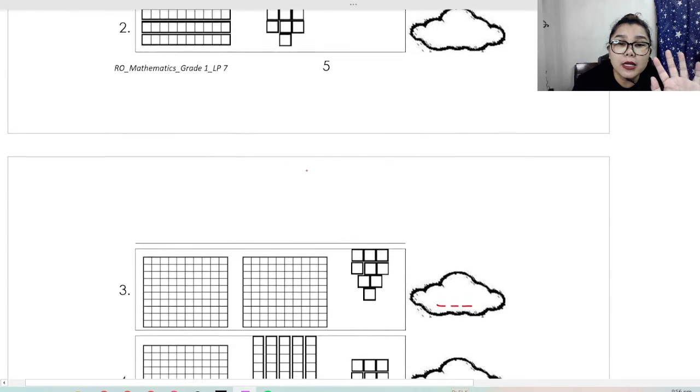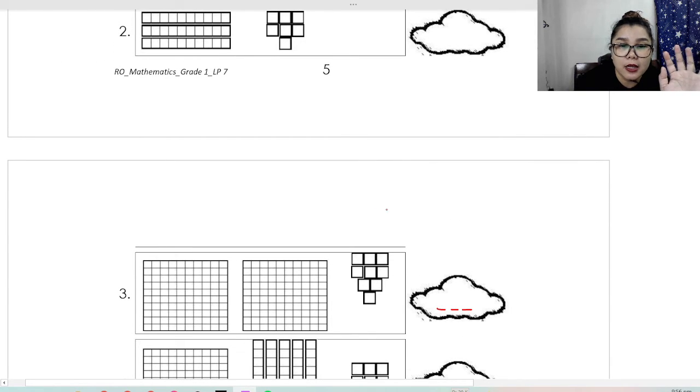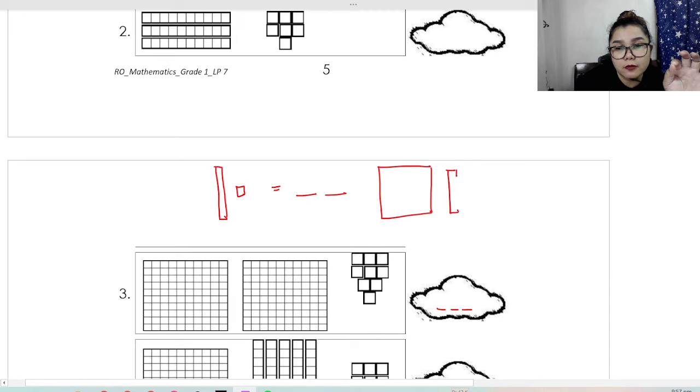Kapag long and ones lang, it means may 2-digit ka. You need to give the 2-digit number. Tapos, when you see hundreds, when you see longs, when you see ones, it means 3-digit number.